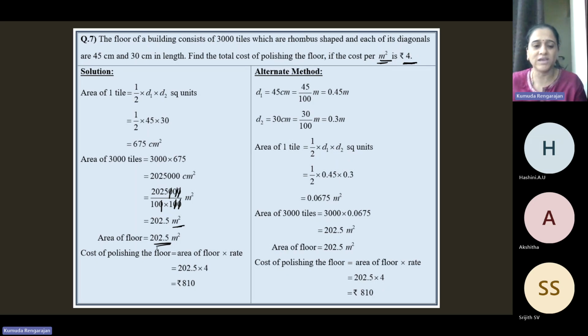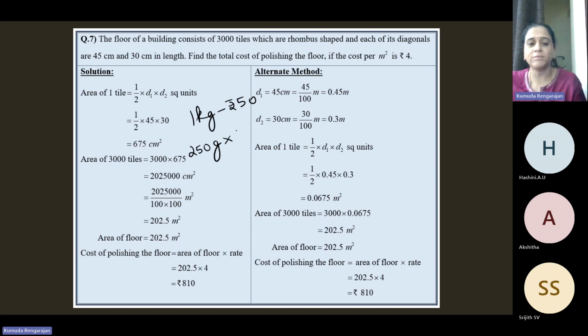So what's the area of the floor? 202.5 meters square. This area is in centimeter square. It's like I'm telling you, 1 kilogram of apples is 50 rupees, and you want to buy, say, some 250 grams. 1 kilogram is 50 rupees, 250 grams, they're different units, right?